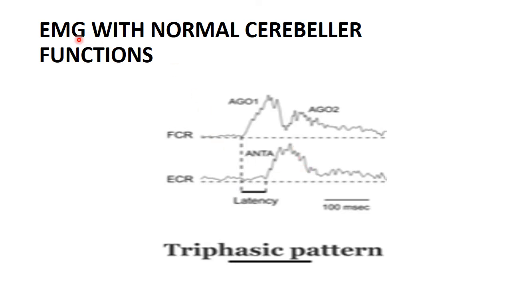So what you will find in the EMG is a triphasic pattern: number one, positive of the agonist, antagonist, again positive, and the agonist second peak after the antagonist. This is the pattern of normal EMG in a normal person with normal cerebellar functions.